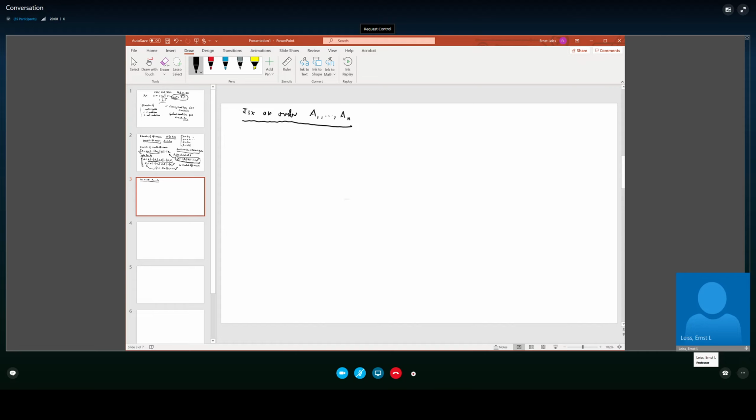And so now we have the following little algorithm. For i from 1 to n minus 1 do, for j from 1 to i minus 1 do.